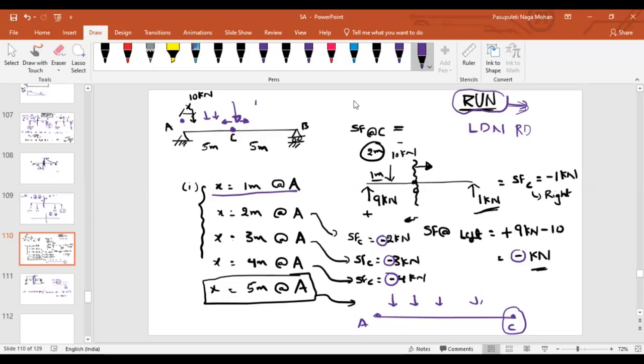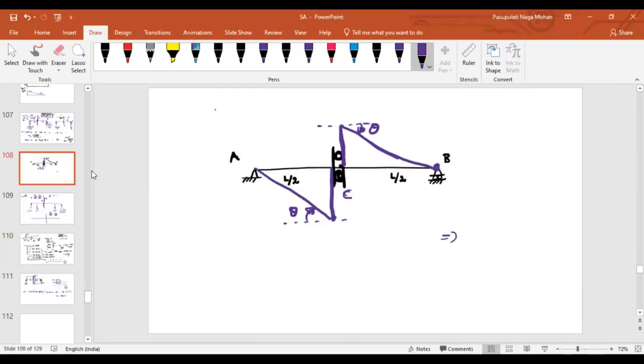In the same way, if the load moves to the right side, what will the sign be then? What will be the shear force at point C? Will it be positive or negative? Positive, sir. Right. Just in the same way, if we are talking about shear force at point C, what is the first point we have discussed?